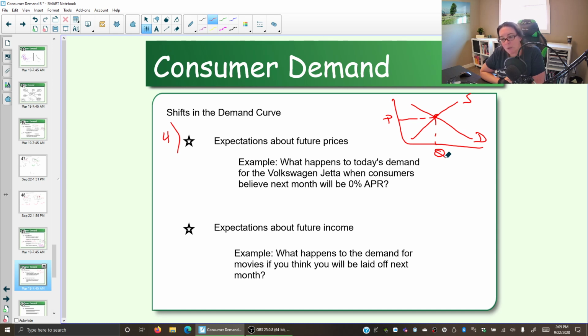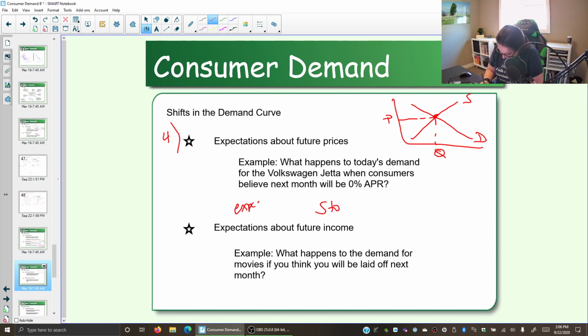So for example, you're getting ready for the long weekend. What happens whenever there's a long weekend? What happens to gas prices? Well, gas prices always go up on the long weekend. Why is that? Well, the reason is that we expect gas prices to go up on the long weekend. So what do you do in the days before? You stock up.